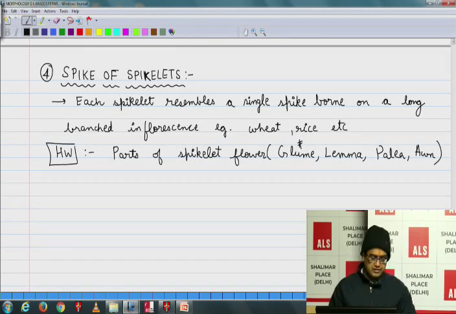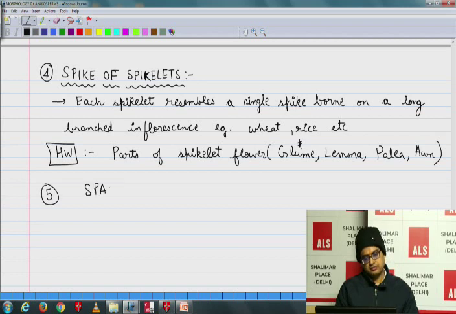Now then there is a modification of spike inflorescence called spadix. Spadix inflorescence.